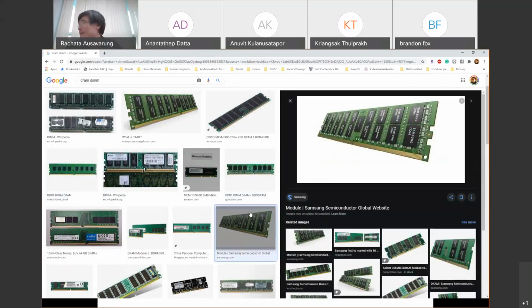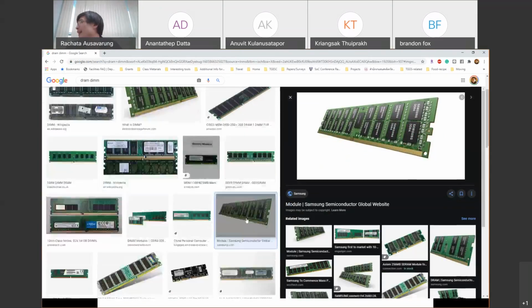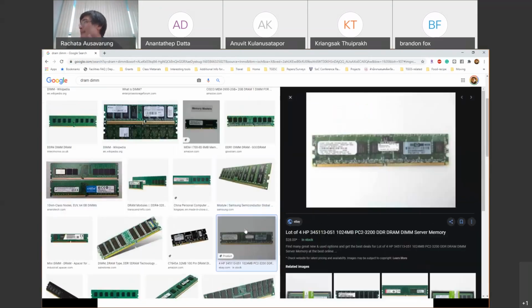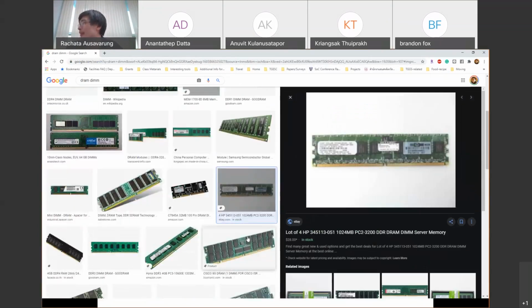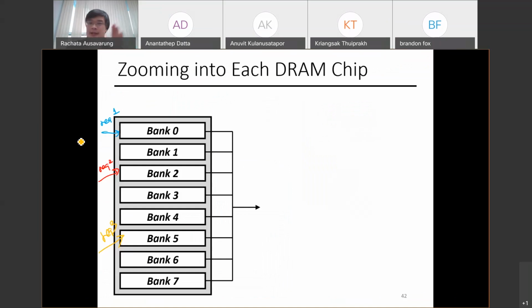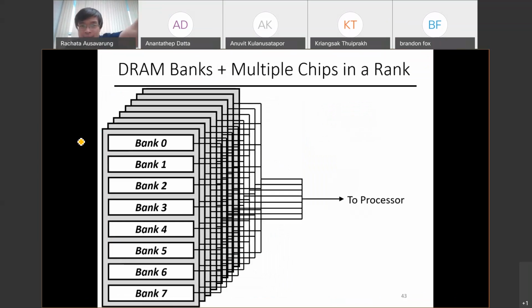This is DDR4, a much bigger DRAM. So you notice multiple chips on here. These 8 chips are designed to work together. Requests 1, 2, and 3 that I drew here all go into all the 8 chips.